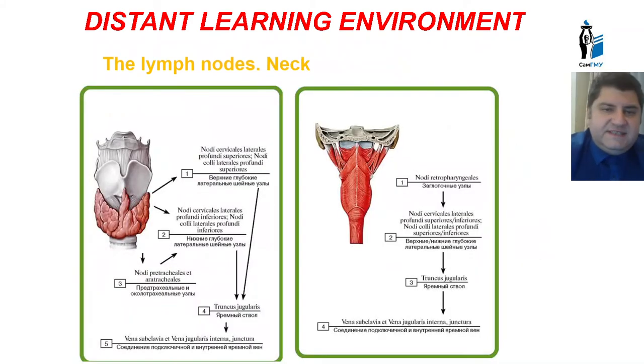For example, you may see the pathway of lymph from the thyroid gland and larynx in the left picture, and from the pharynx in the right picture.